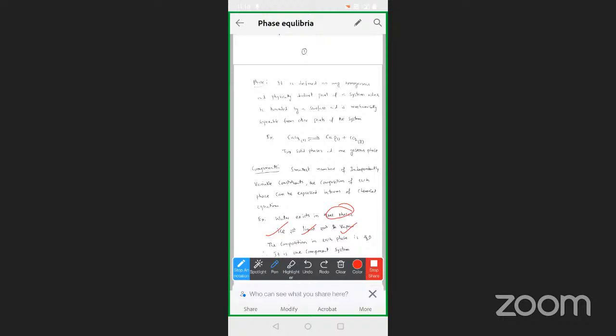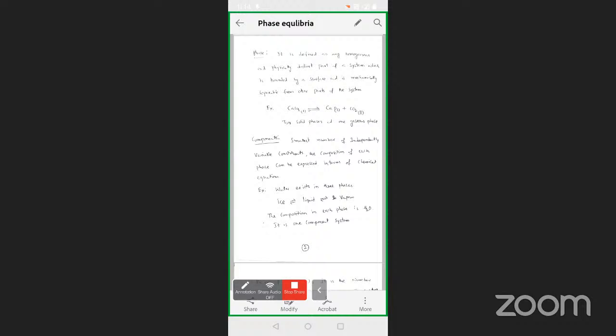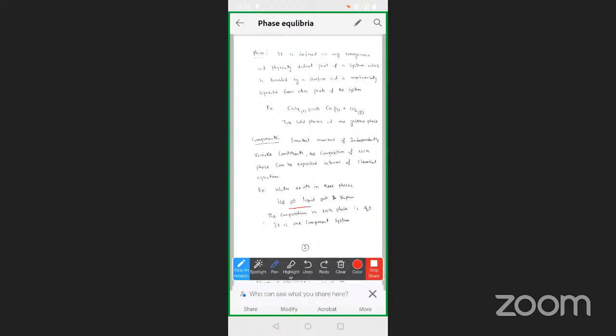If these three phases are in equilibrium, in all these phases the chemical composition is H2O only. So this equilibrium in different phases is a one component system.